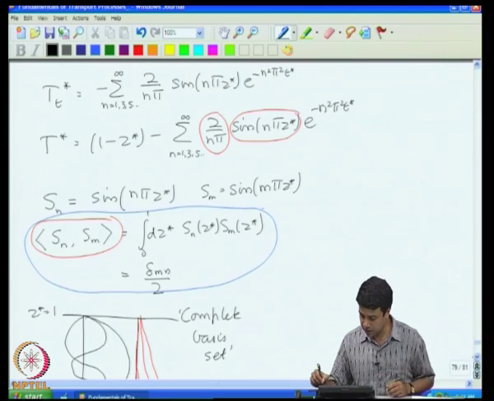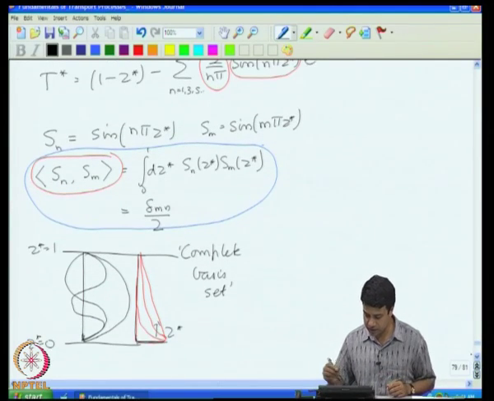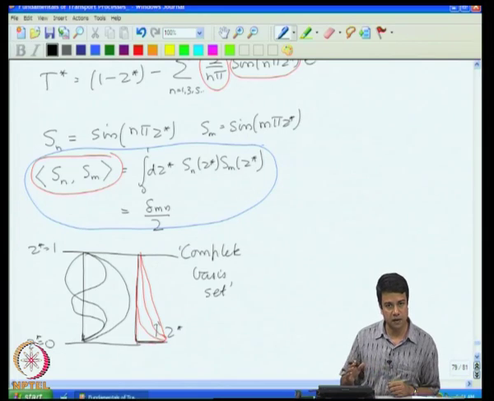In this particular case, you have an infinite set of basis functions, but any function can be expanded in that infinite set. The set is infinite, but there is no ambiguity in determining the components, and the reason is because these functions are all orthogonal to each other.